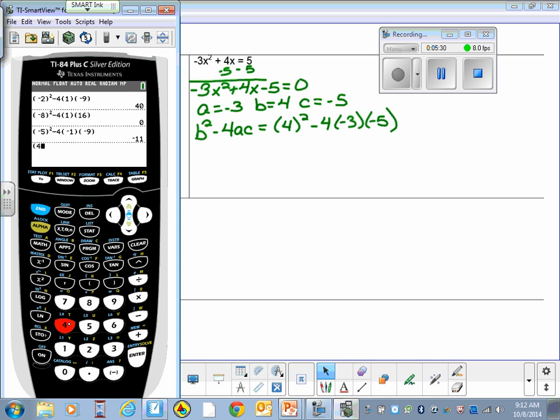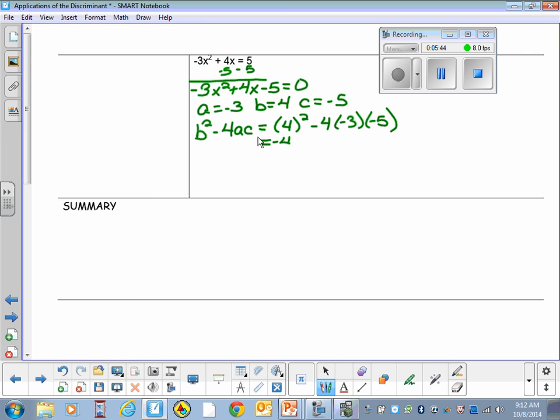Alrighty. 4 squared minus 4 times negative 3 times negative 5. Negative 44. No real roots. This never crosses the x-axis.